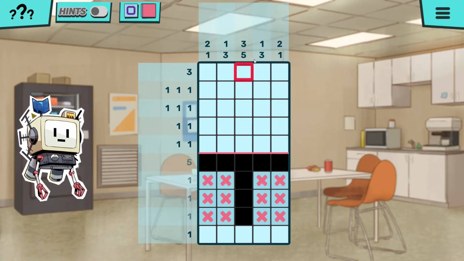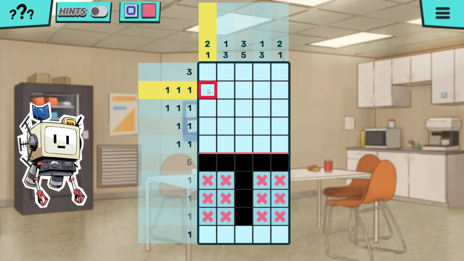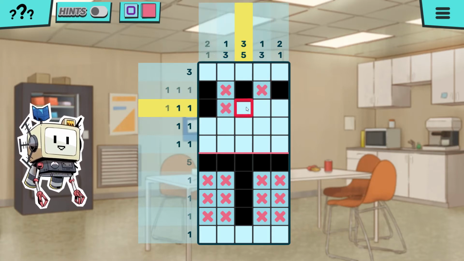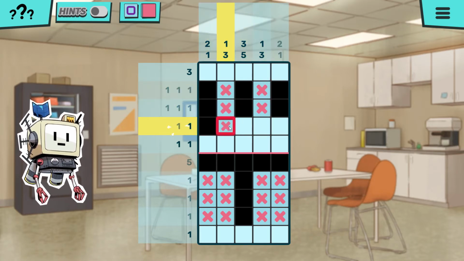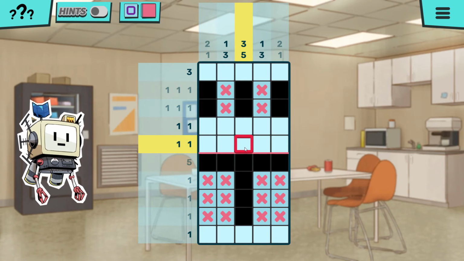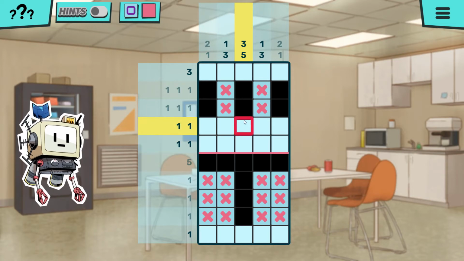Alright. What else do we have? These are 1, 1, 1s, so they have to be lined up like this. Oops. Not those yet. 3, 5. So since there has to be a break. No. 3.